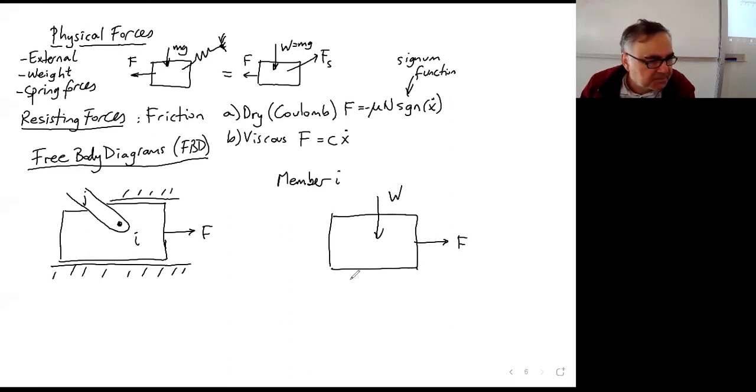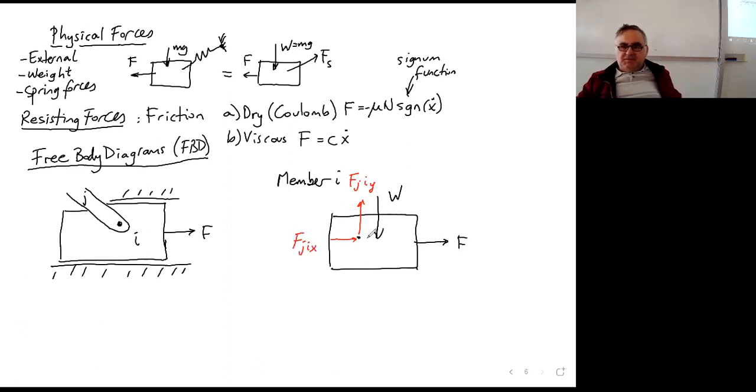What else? There is the revolute joint. The revolute joint has to have two forces. Let's put FJI,Y, and this is FJI,X.